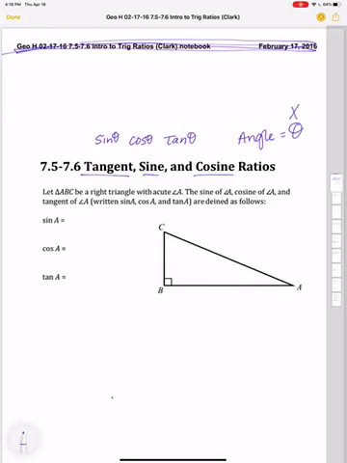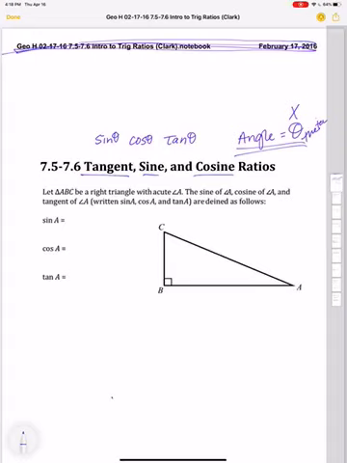So instead of using x, when it's an angle we don't know, you will often see theta. It's not wrong to write an angle as x, but you will often see it as this Greek letter theta. So anytime you see sine, cosine, or tangent, you have to have an angle.